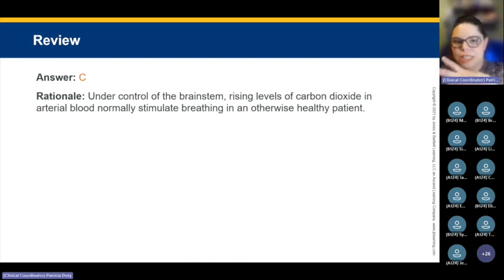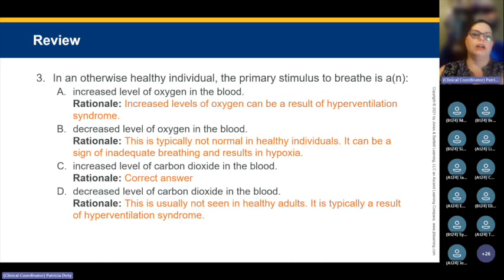Under the control of the brainstem, the rising level of carbon dioxide in arterial blood normally stimulates breathing, saying, hey, I have a whole lot of carbon dioxide in here, I need to lower my carbon dioxide levels by adding more oxygen. Increased level of oxygen is actually a result of hyperventilation syndrome.